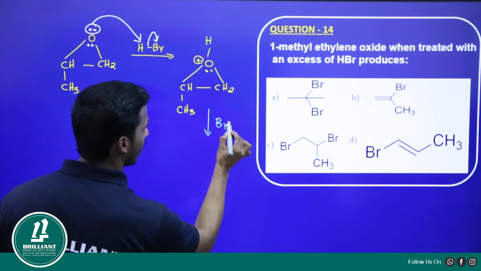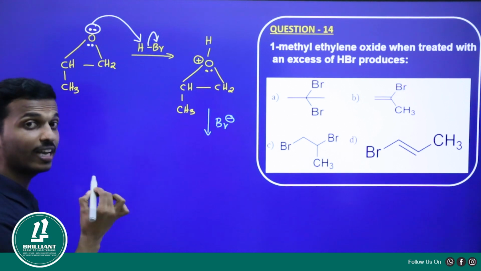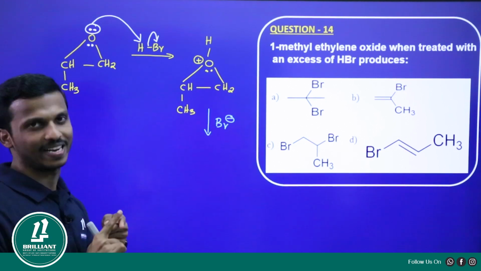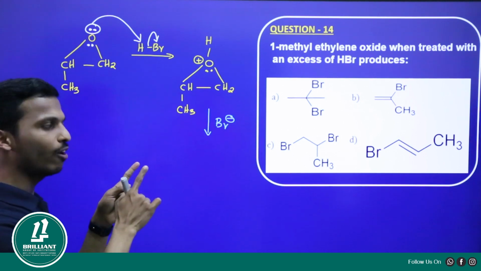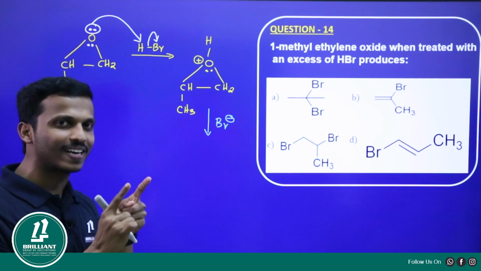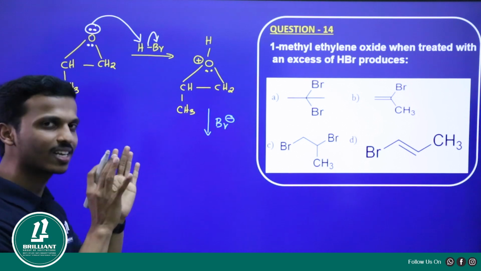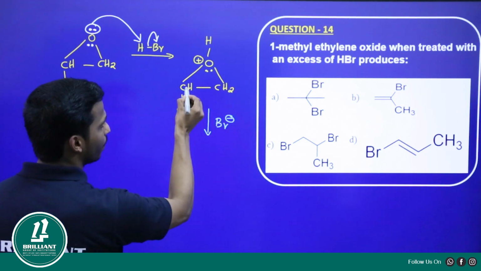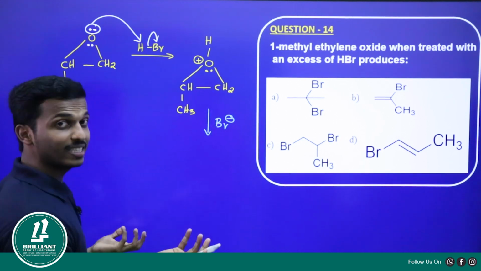So that Br minus, a nucleophile, will attack. Where can it attack? You know, student, a nucleophile will prefer the less sterically hindered part, meaning the less crowded area. Either this bromine can attack this carbon, or it can attack this carbon. Where is it easy?